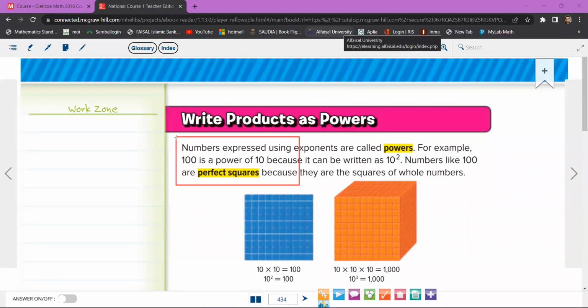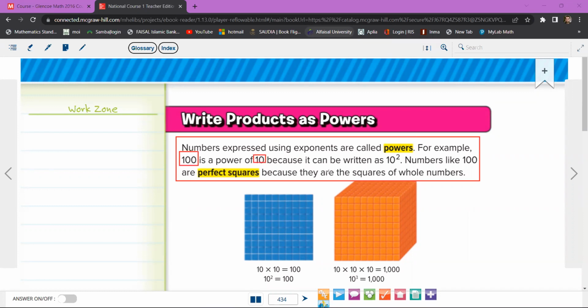Numbers expressed using exponents are called powers. For example, 100 is a power of 10 because it can be written as 10 to the power of 2. Numbers like 100 are perfect squares because they are the squares of whole numbers.